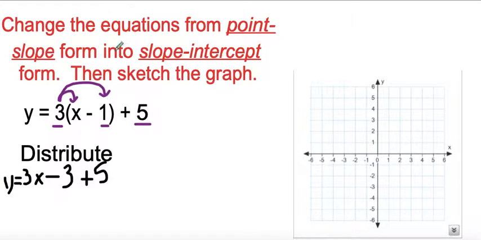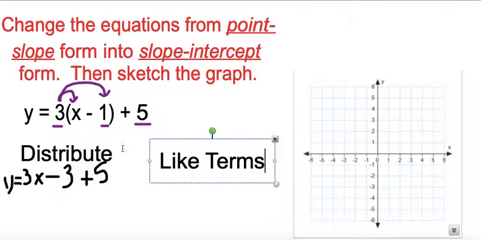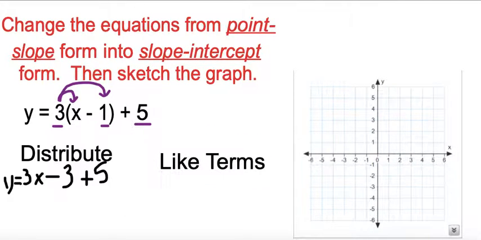All right, one more step then after we distribute is we are going to combine like terms. All right, so now what do we have? Well, we're going to combine our negative 3 and our positive 5. So we end up with y equals 3x plus 2.